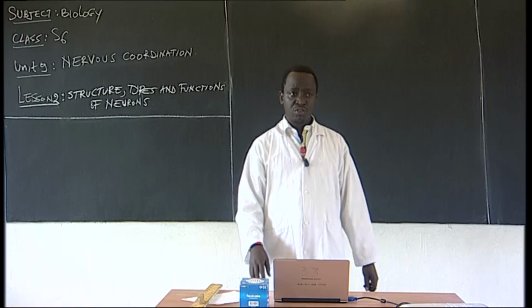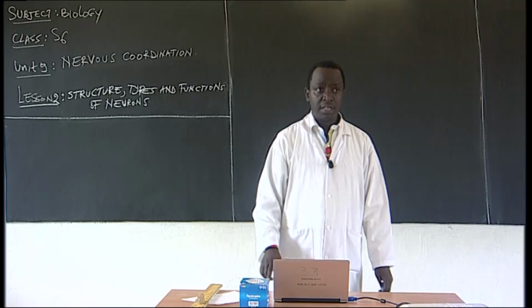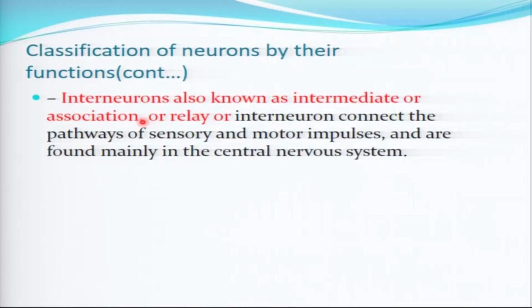We have also what you call interneurons. They are also called intermediate, or you can also call it associate or relay neuron. So they do connect sensory and motor neurons, sensory and motor impulses.